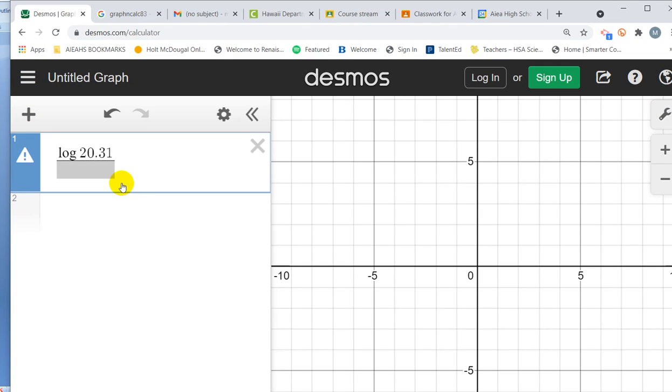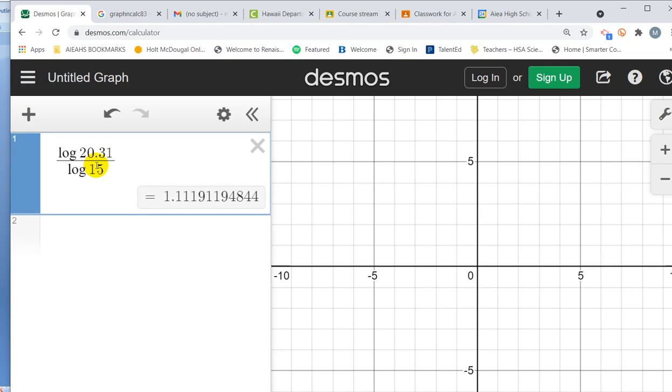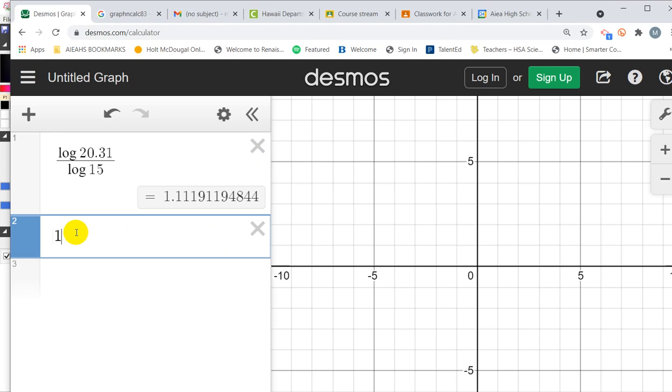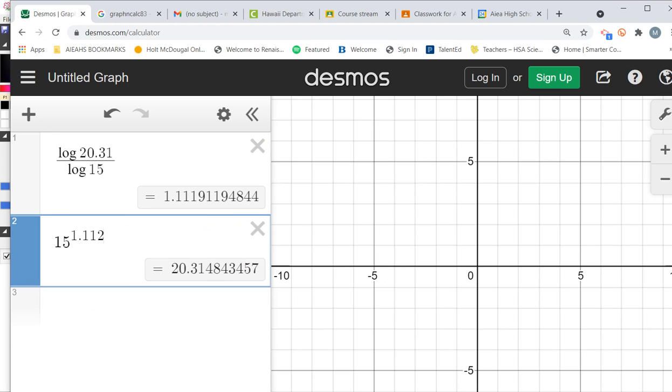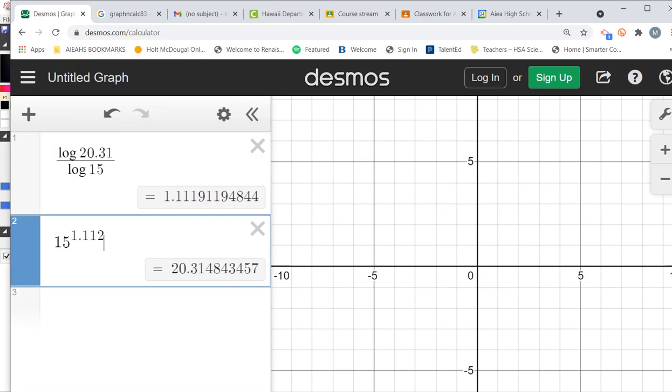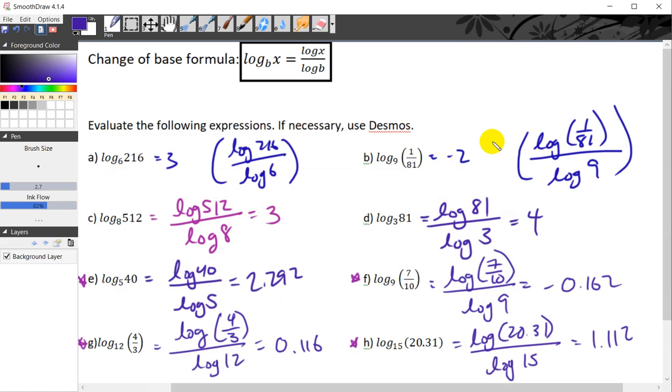So that's 1.112, it looks like. Basically what this says is 15 raised to the 1.112 is about 20.31. So that just validates that we've done it correctly. So that basically goes over those problems.